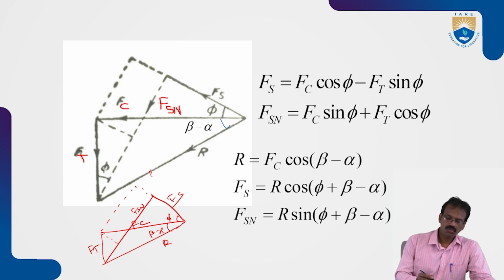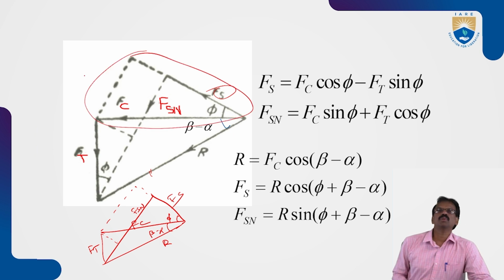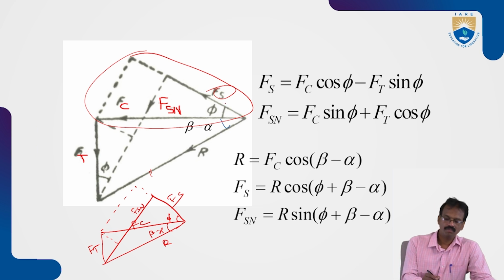By using this triangle, first we will find Fs, the shear force. For this formula, you can take this total triangle completely. By using this triangle we can find the Fs value, because this is the angle phi. This one is the adjacent side and this one is the opposite side. This opposite side distance is equal to this distance.